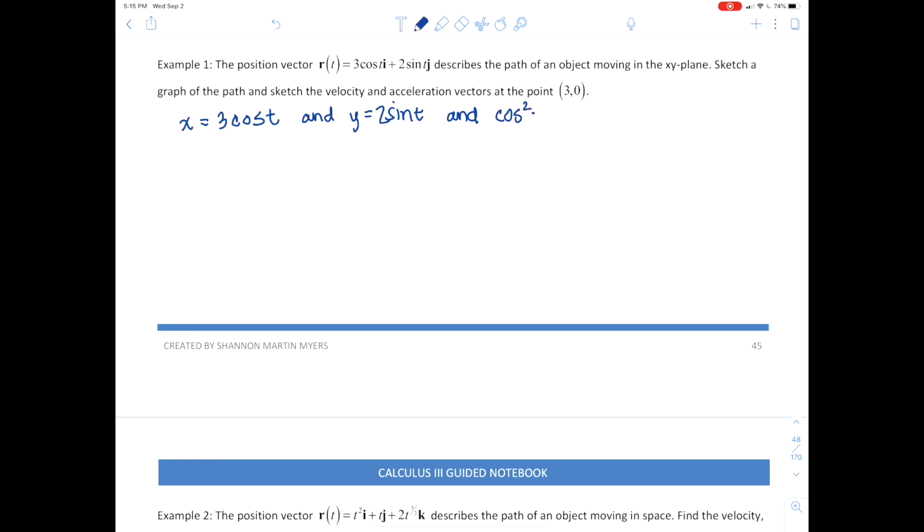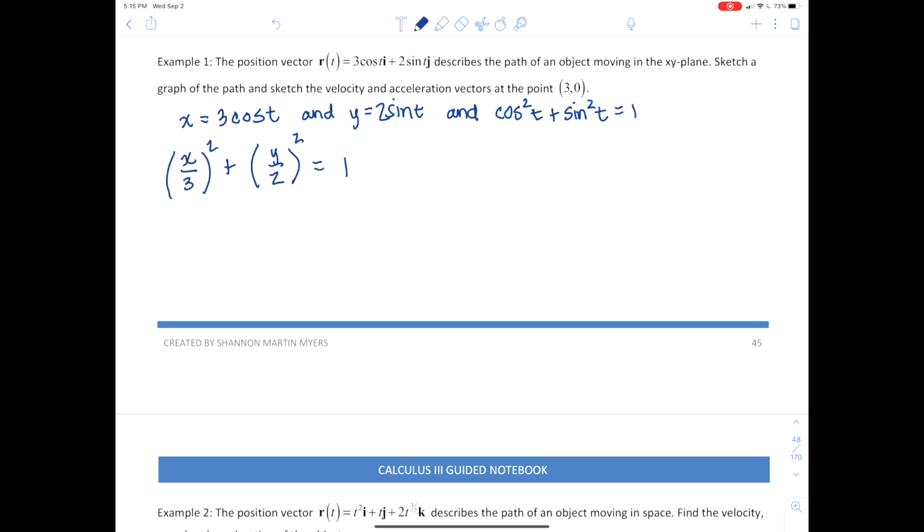Cosine squared t plus sine squared t has to be 1, right? So if I isolate cosine t, that would mean that (x/3) squared, which is cosine squared t, plus the sine squared t would have to equal 1, right? So that just gives us x squared over 3 squared plus y squared over 2 squared is 1.